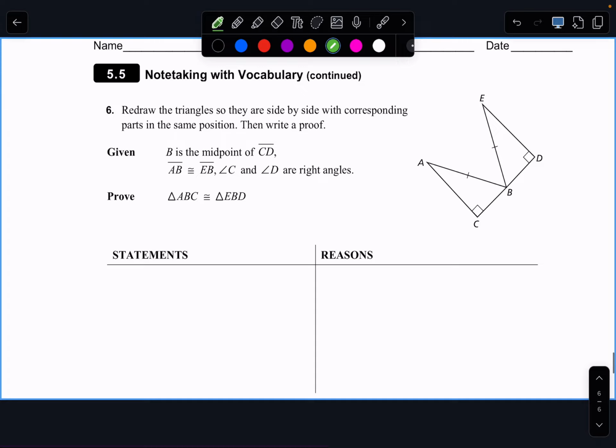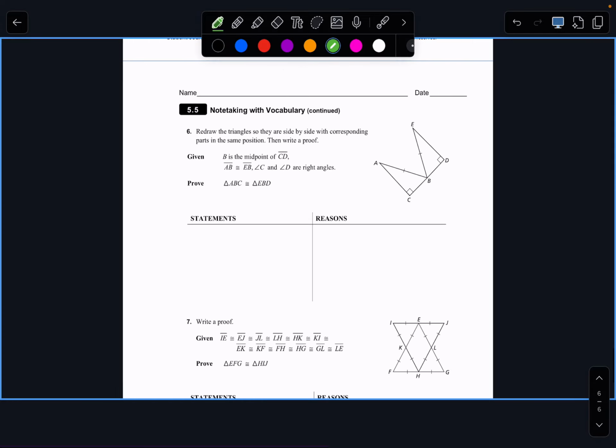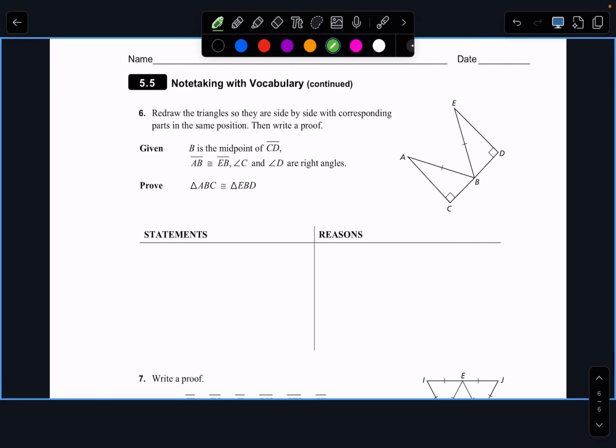Okay, next page, we're going to do a proof. Okay. So I want you to look at the information that we have been given.